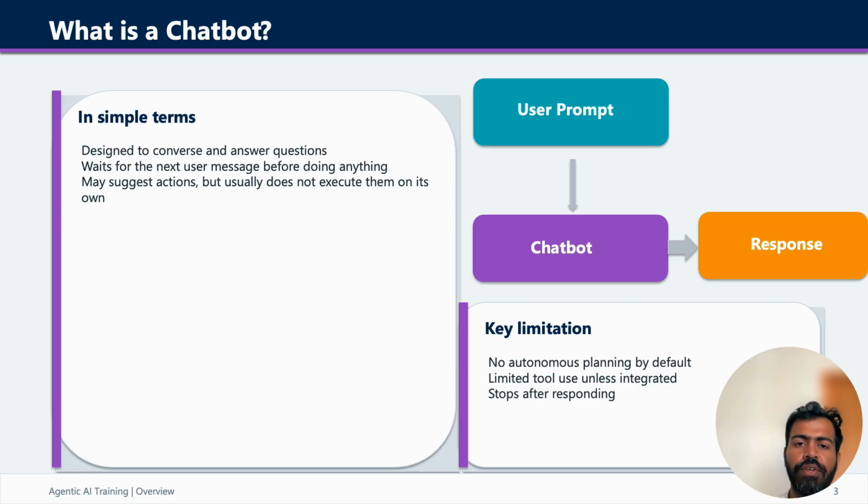Even if a chatbot tells you to create a ticket or update this record, the execution usually still depends on a person or on a separate automation. So, the simplest takeaway is chatbots talk, they do not complete multi-step work unless they are turned into an agent with tools and orchestration.